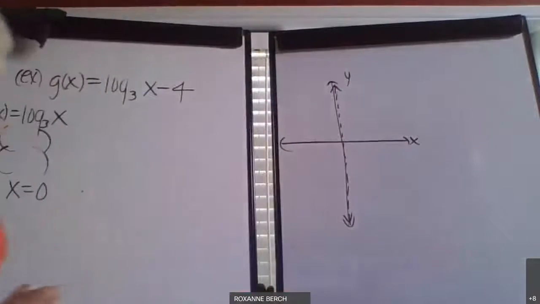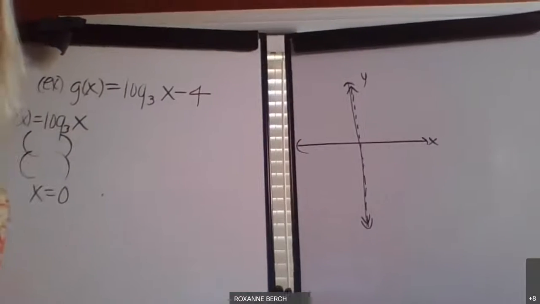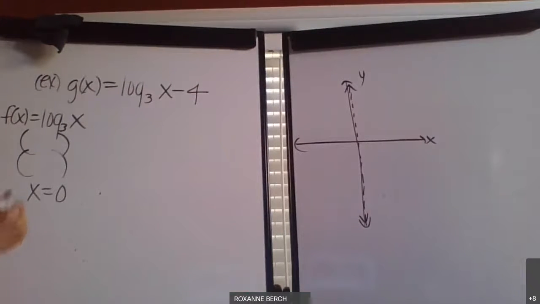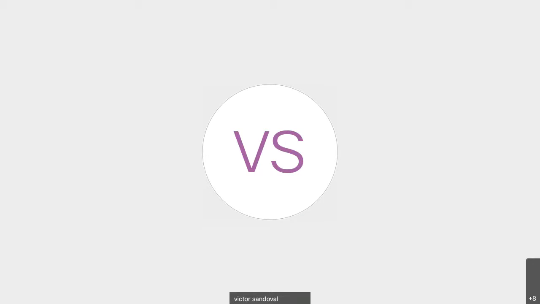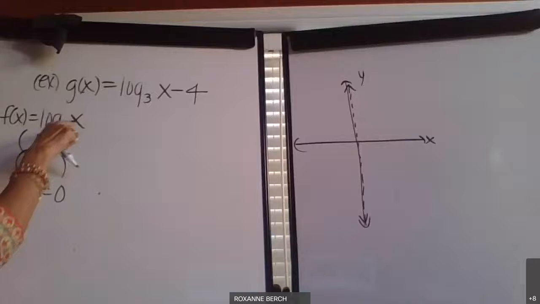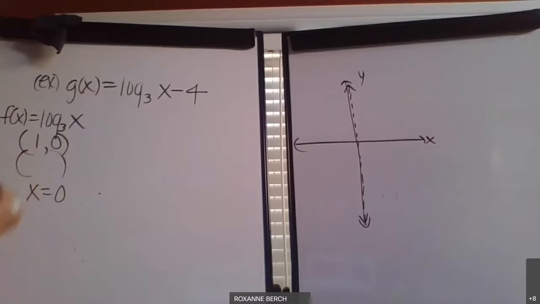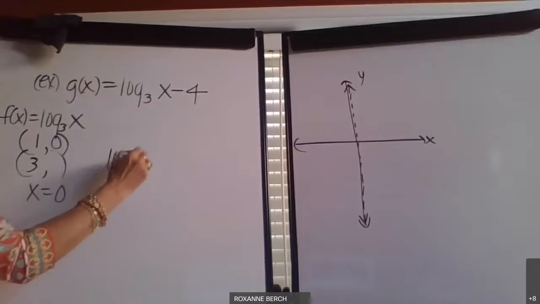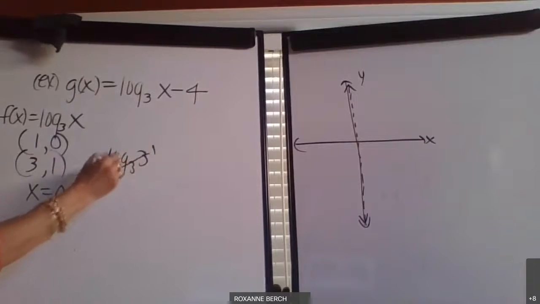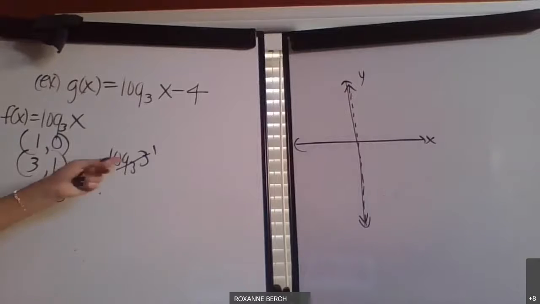All right. Give me an x. 1. So log base 3 of 1 is 0. Give me another x. 3. Log base 3 of 3 to the 1 is 1, right? Because they undo themselves. They're inverses.